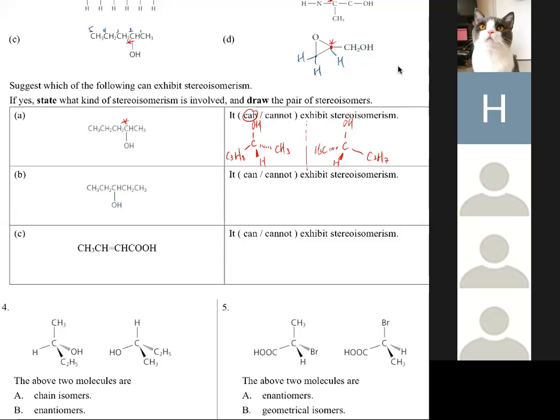How about B? Can B exist as enantiomers? Because it got no double bond, so we would not consider geometrical isomers.